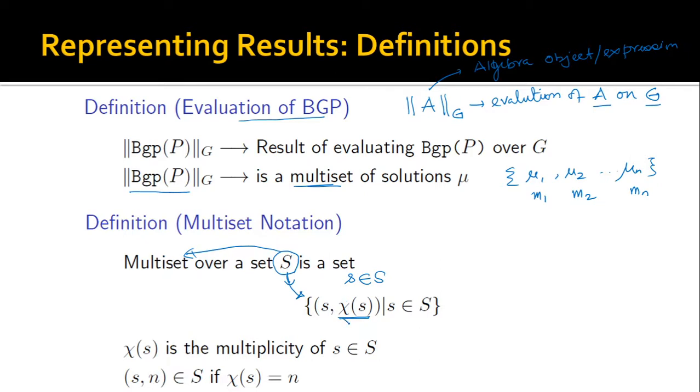And this function is basically talking about the count of small s in capital S, right? And this particular thing is called the multiplicity of a particular solution or entry in a multiset, right?